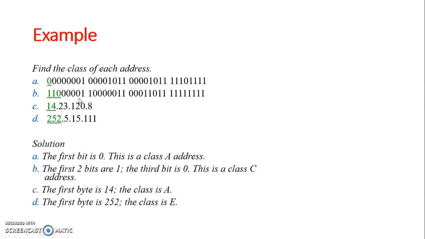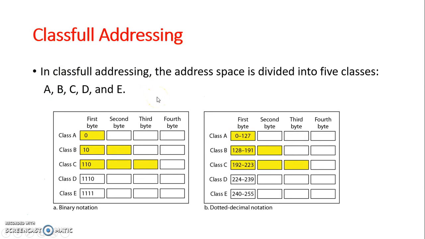You can see here they have given the IP addresses in both binary as well as dotted notation. We have to find which class this particular address belongs to. In the first example you can see the first bit starts with 0, so it must be a class A address. So in binary notation, from the first few bits you can identify which class the particular address belongs to.